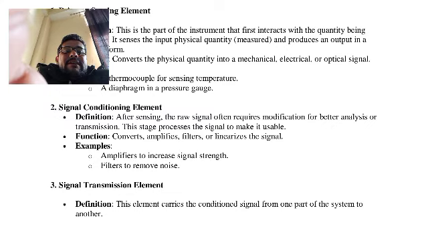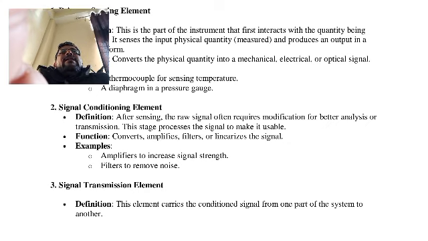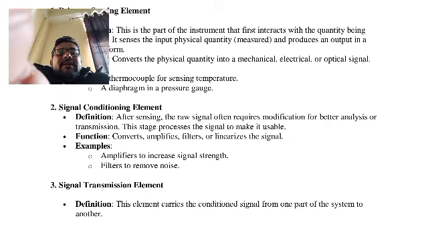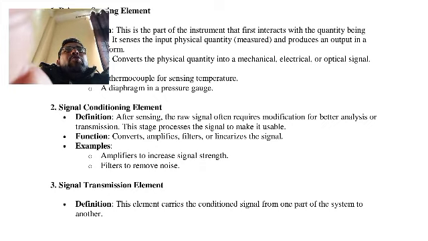This stage makes the signal suitable by converting, amplifying, filtering, and linearizing it. Mainly three steps can be performed: convert to a usable form, amplify, and filter. If there is noise in the signal, we can filter it. If the output is non-linear, we can linearize the raw signal. Amplify to increase the signal strength, and filter to remove the noise.